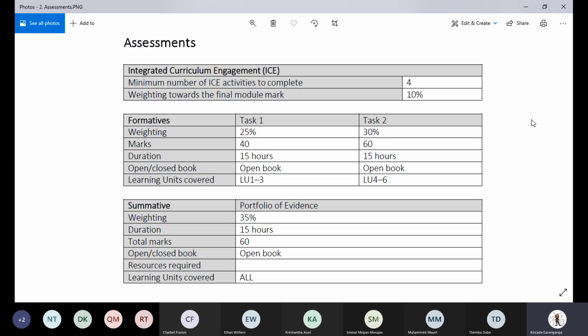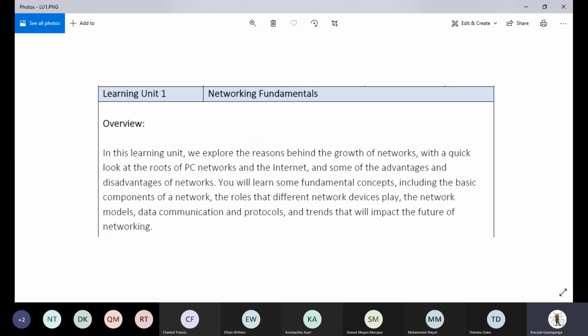So more of the focus is going to be on the practical part, just to ensure that from our own personal and professional spaces, we are familiar with the network configurations and how to deploy these networks accordingly. And then when you look at the learning units at large, the first learning unit, which is some of the content we're going to be looking at today, covers just basic fundamentals of networking, understanding exactly what a network is.